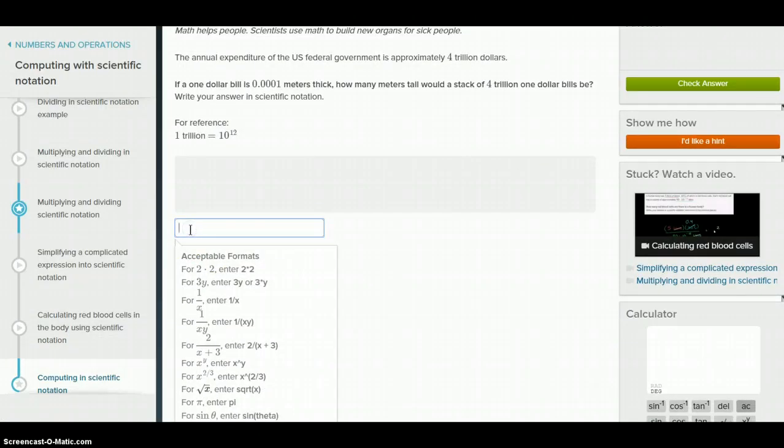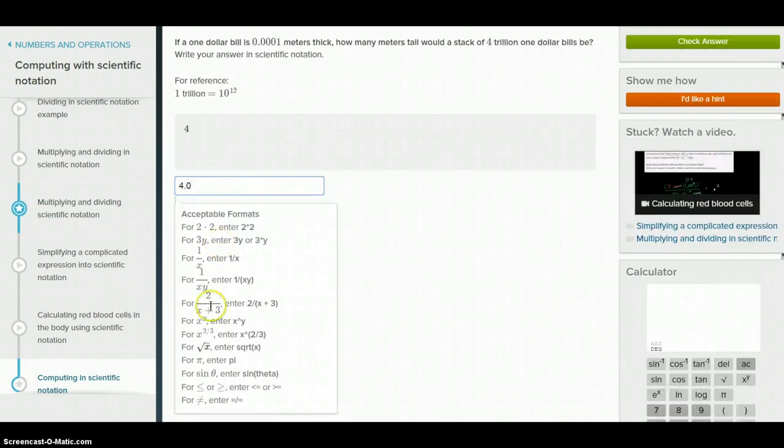Okay, so 4.0, and let's see. Alright, just checking the format here. Alright, in multiplication, this multiplying is going to be shown by this asterisk sign, so I was just checking to make sure that was right.